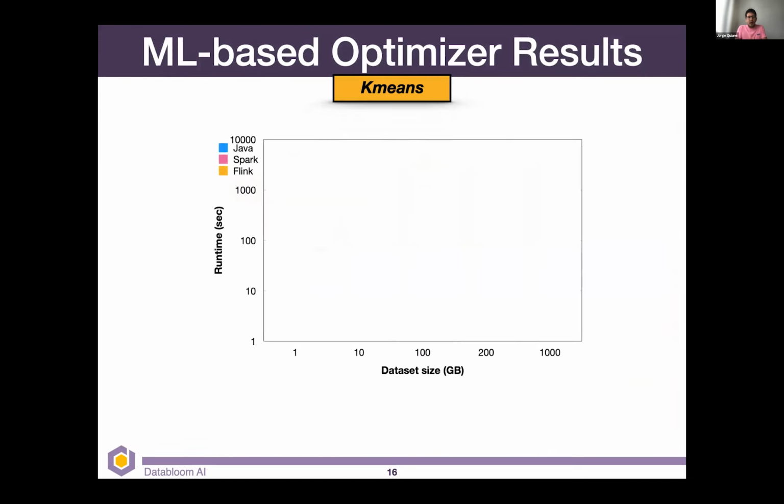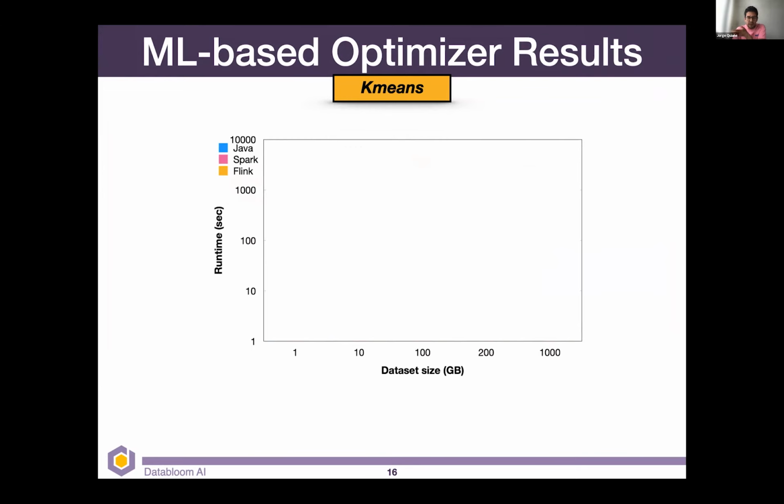So now let's see, when we compare our ML-based optimizer to the cost-based one, when it really makes sense. We ran an experiment using, in this case, K-means, and we varied the dataset size. Again, we use Java, Spark, and Flink.